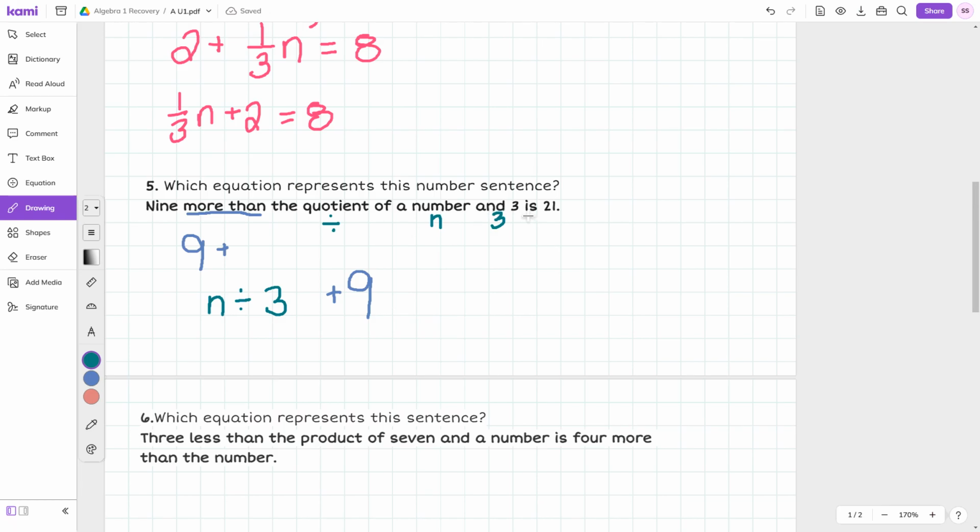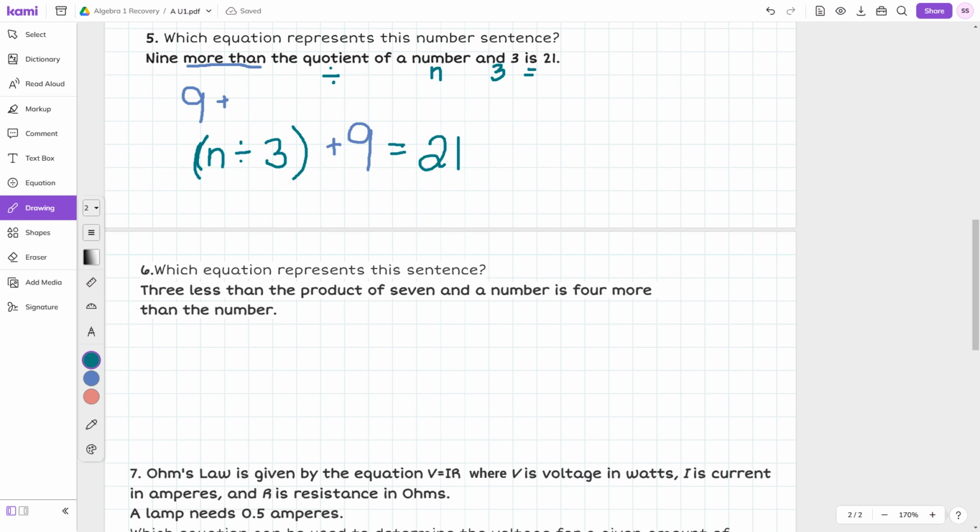And once again, we have is 21, okay? You could put parentheses around your division problem, but remember, order of operations states that you're going to divide first anyway, okay? Order of operations says you would divide first anyway.